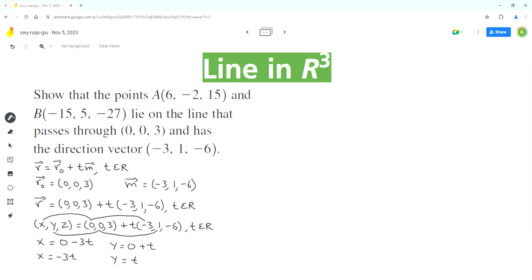I get y equals t. Now we can write the z equation. So these are the parametric equations for this line. So we can write them together.